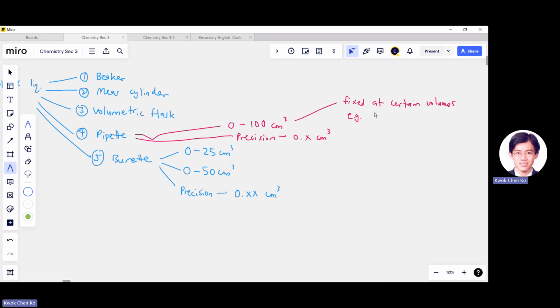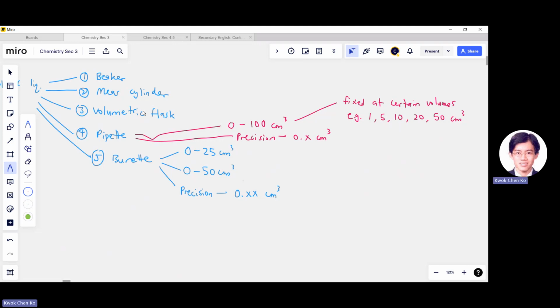Good examples will be 5, and 1 is quite common as well. 1, 5, 10, 20, 50. In other words, you won't find a pipette that tells you 9 cm cube or 13 cm cube. They don't exist. They are fixed.